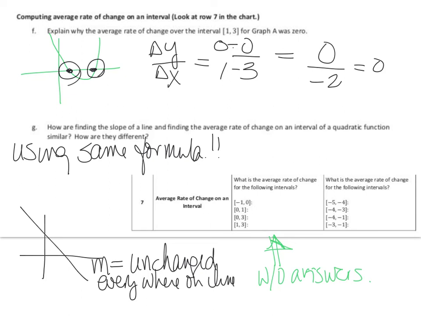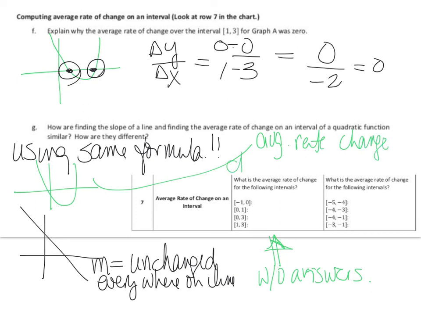When you have a parabola, the average rate of change changes as you move on the parabola.